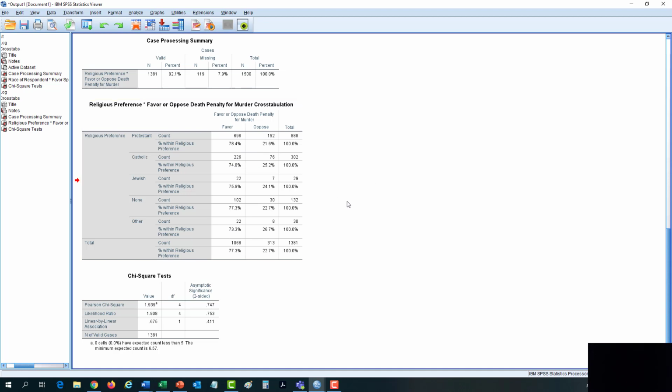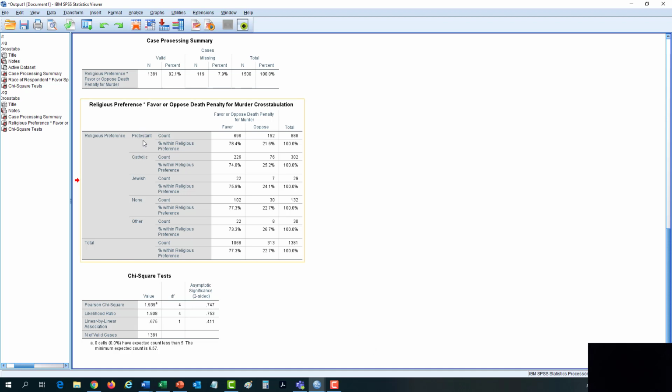And then the other thing, remember, you have to tell me whether these religious groups are statistically different. And that means there has to be at least a 10% difference in these percentages, which there is not. The lowest is 73.3. The highest is 78.4. That's only about a 5% difference.